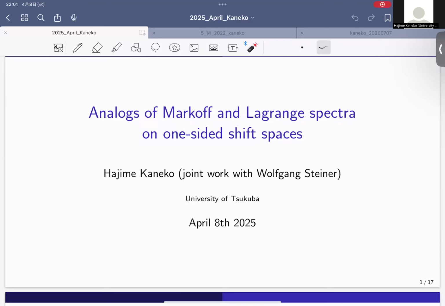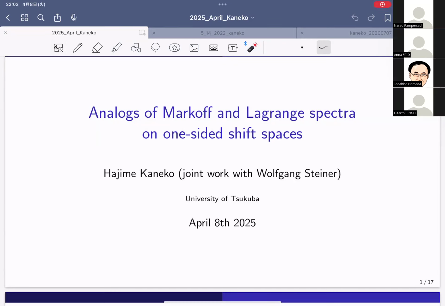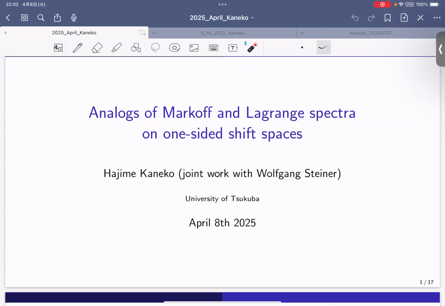In the theory, combinatorial theory is important. From the combinatorial point of view, Professor Wolfgang Steiner and I consider an analogy for Markov and Lagrange spectra on one-sided shift spaces.